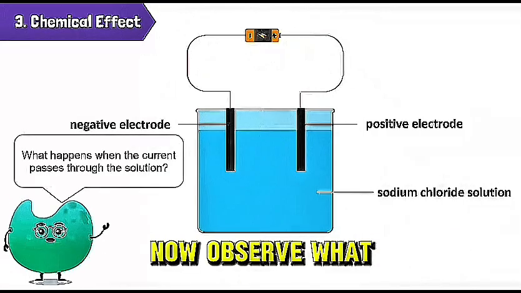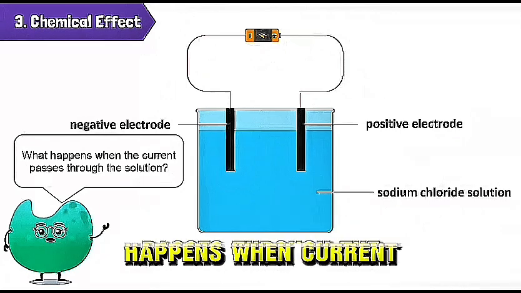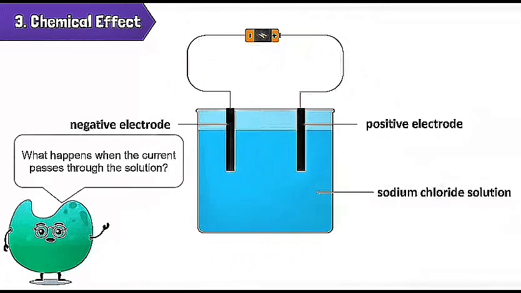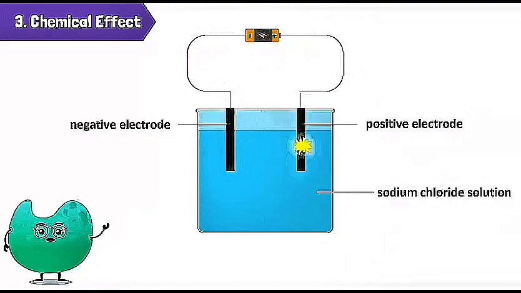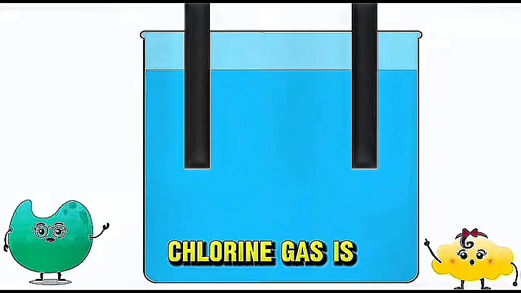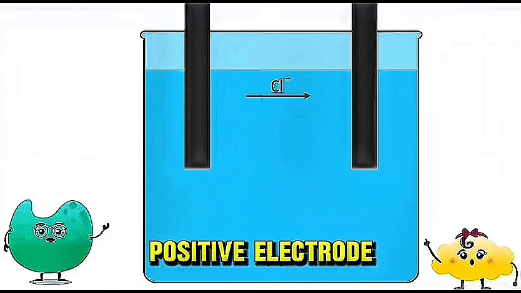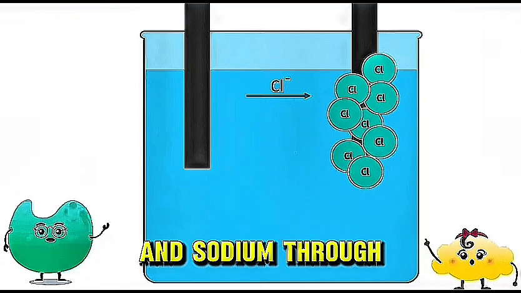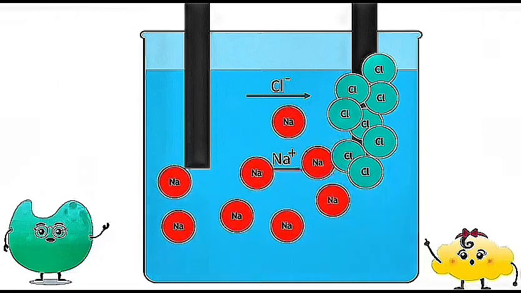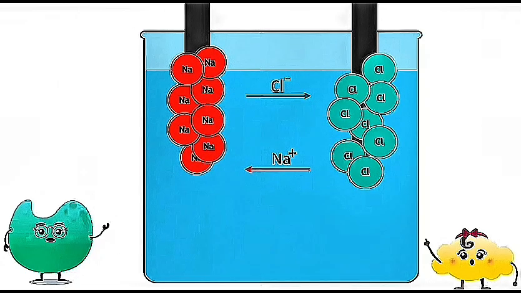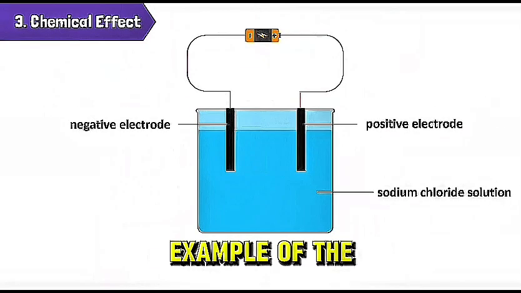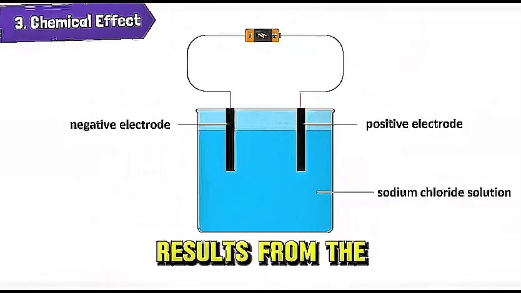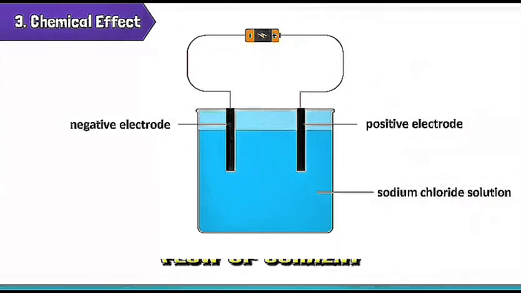Now, observe what happens when current passes through the solution. Chlorine gas is collected through the positive electrode and sodium through the negative electrode. This is an example of the chemical effect that results from the flow of current.